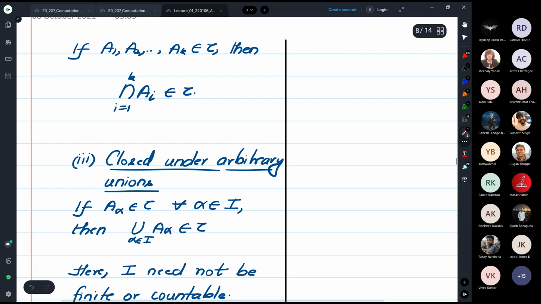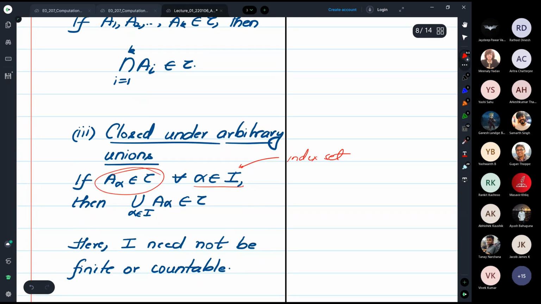So let A alpha belong to tau for alpha in some index set I, that is, A alpha lies in tau for all alpha in I. Then closed under arbitrary unions means that the union of A alpha for alpha in I must lie in tau.